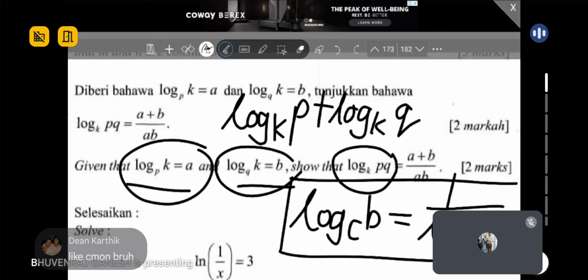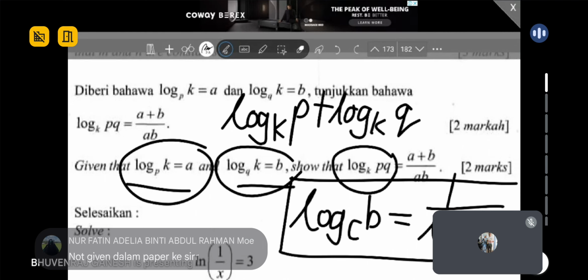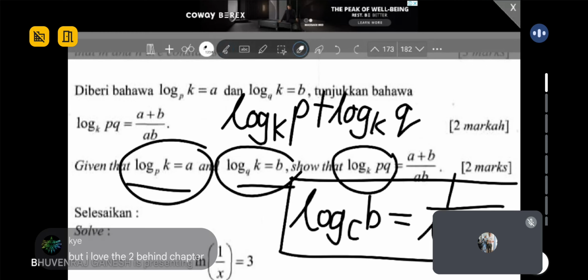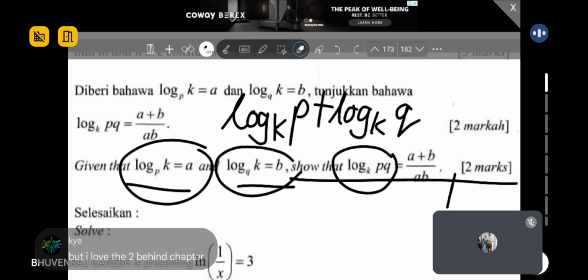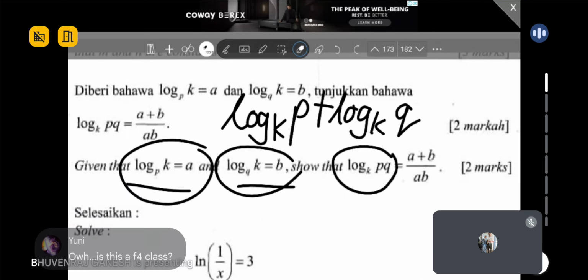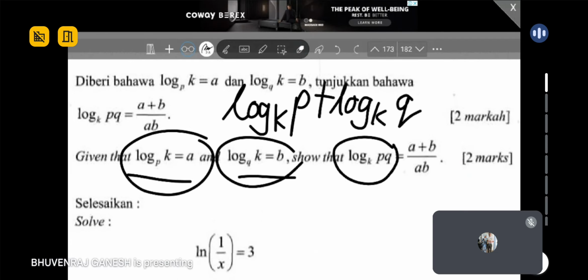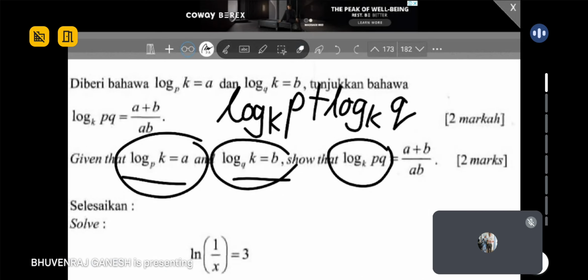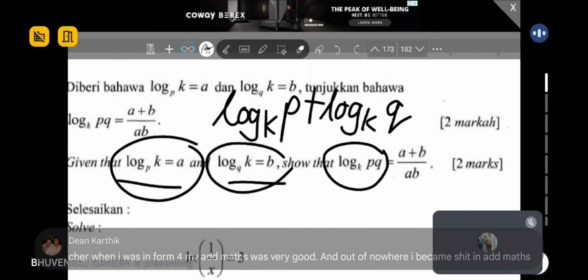You only learn 10 topics, guys, in Form 4. Minus 2, the last 2 is optional. 8 topics only you all learn. Not given. I think this one is given. But I will always encourage you to memorize, because you can save some time if you directly remember. Actually this is Form 5, but I mix the Form 4 inside also, since Form 4 wants some quick revision for their end year.